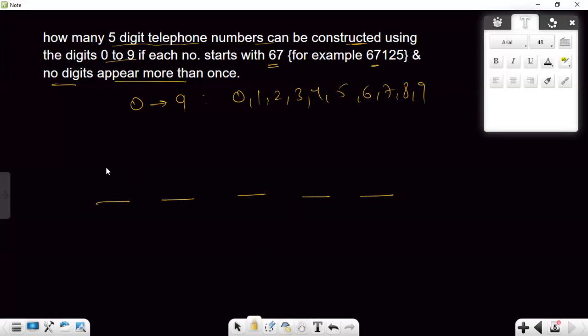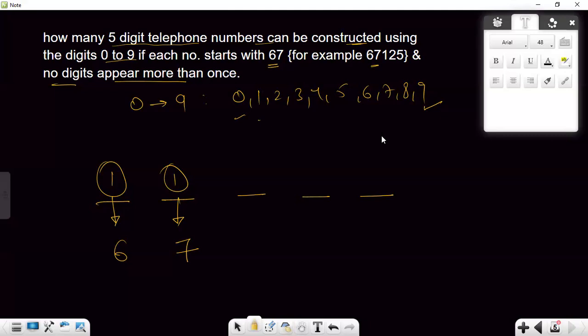So we'll have only one choice for the first place, because the number should start with 67. There is only one choice for both. Having spent two choices earlier, out of 10 digits in total, 1 to 9 is 9 plus 0, that's the 10th, we cannot repeat any choice.